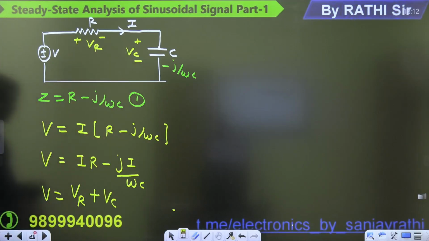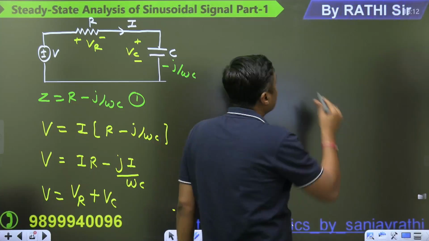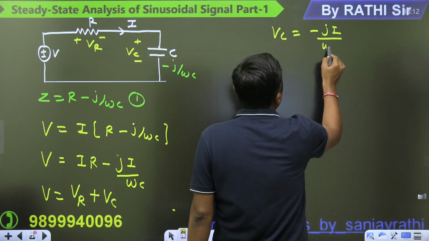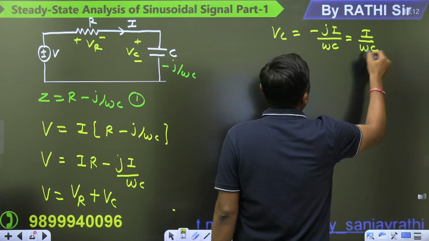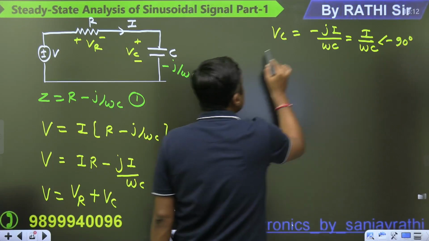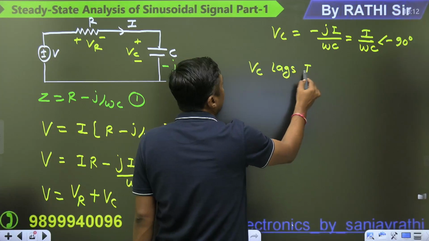VC minus j means minus 90 degrees, because VC is equal to minus j I by omega C. So I by omega C is the magnitude of VC and the angle is minus 90 degrees. Means VC lags I by 90 degrees.